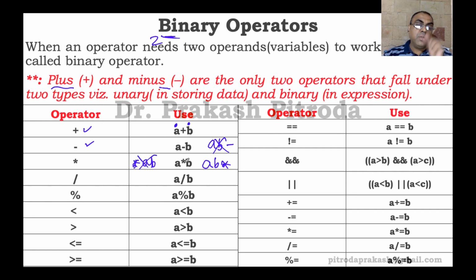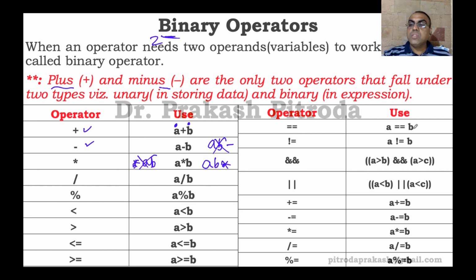I have to have a sign in between to find the product. When you use a sign, it needs a value on both sides in order to perform the operation. So a modulus b, a less than b, a greater than b. These are called binary because they need values on both sides.